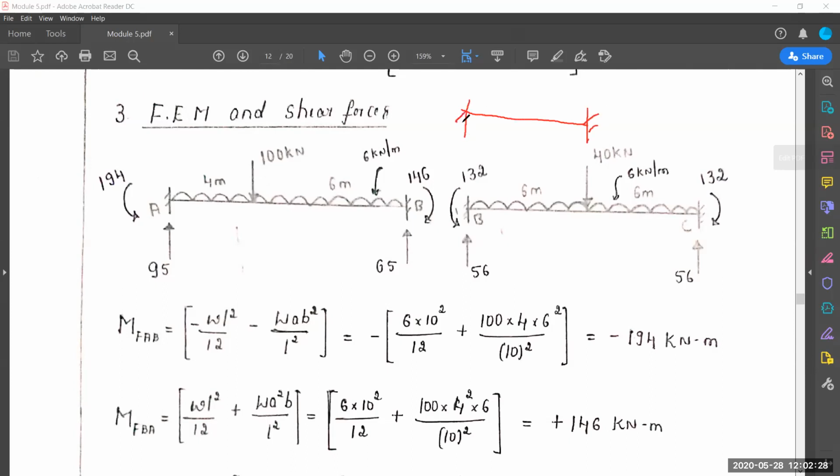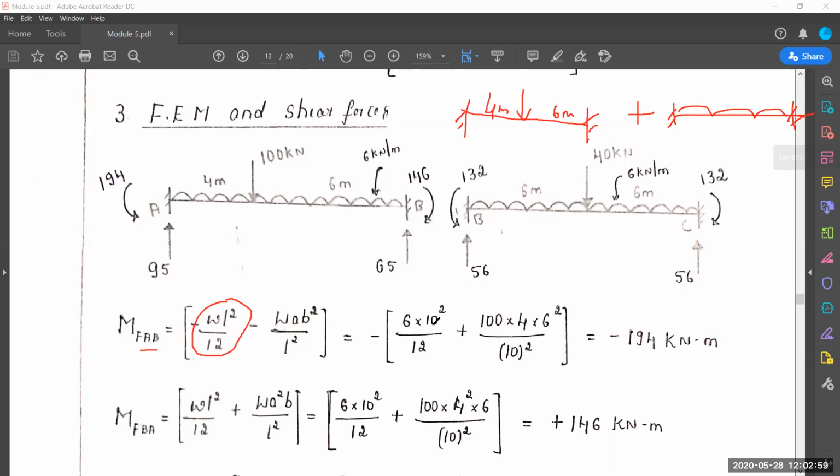The first one is for the point load plus this is for the UDL. For both of them, we have different formulas, right? This side it is 4 meter, and this side it is 6 meter. For UDL, the formula is WL square by 12. This we already know.